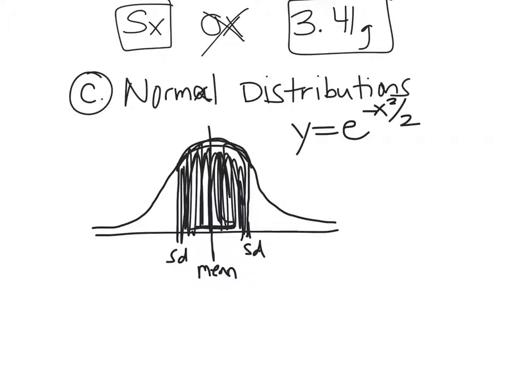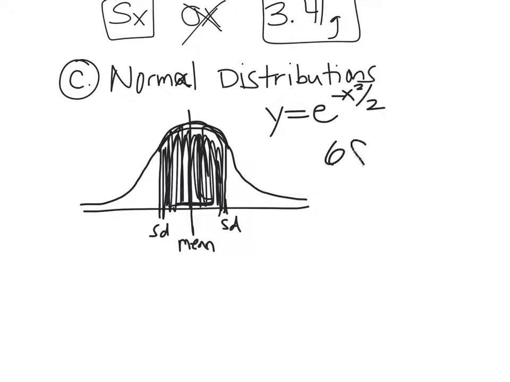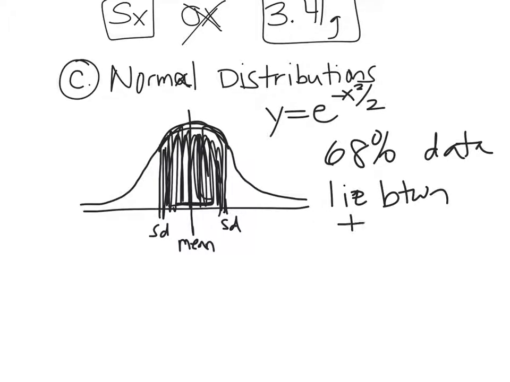He knew that from statistics. On a normal distribution, 68% of the data will lie between plus and minus 1 standard deviation away from the mean.